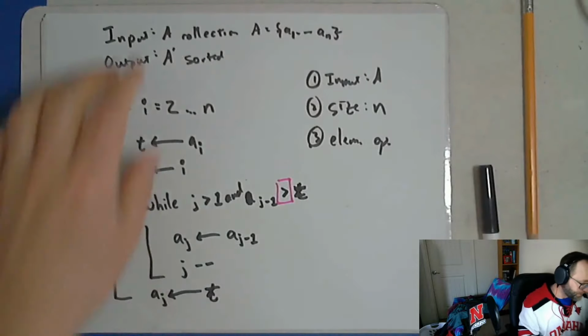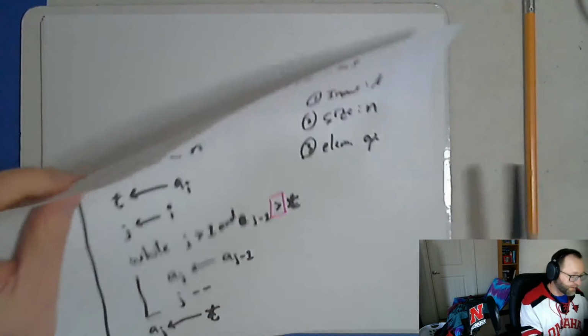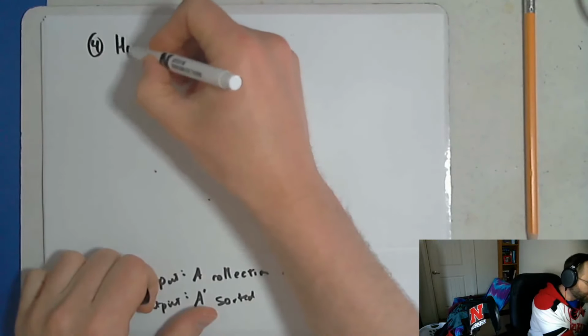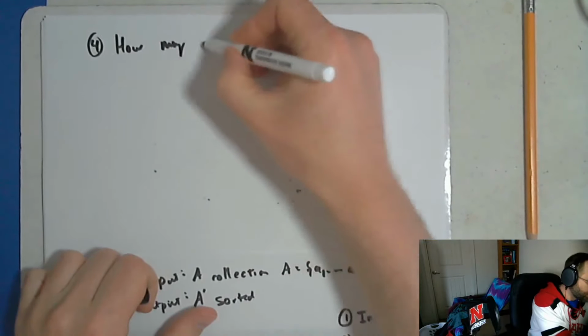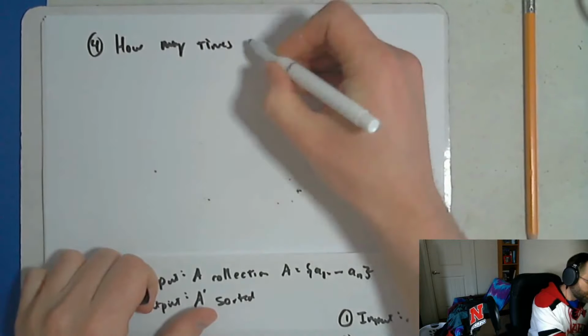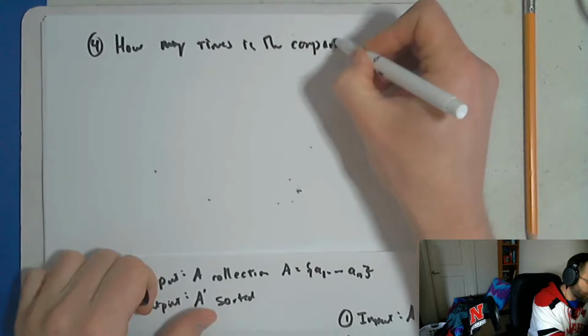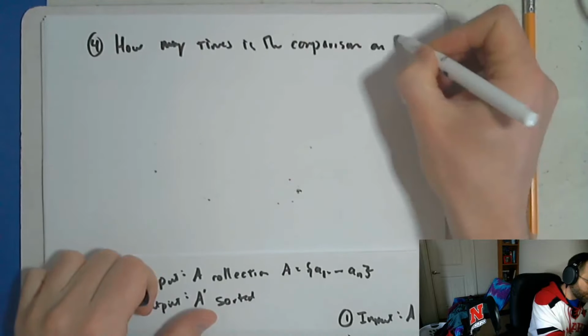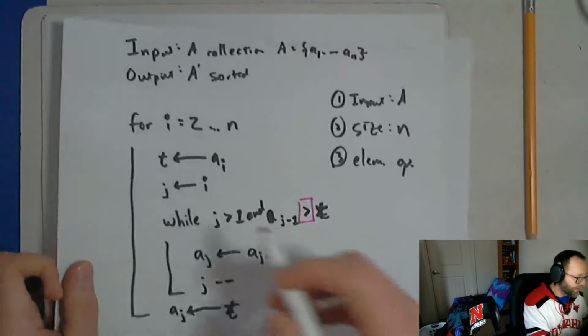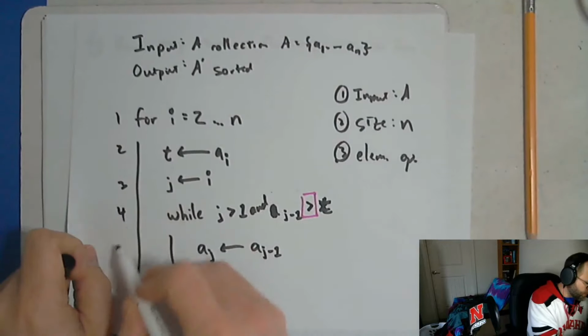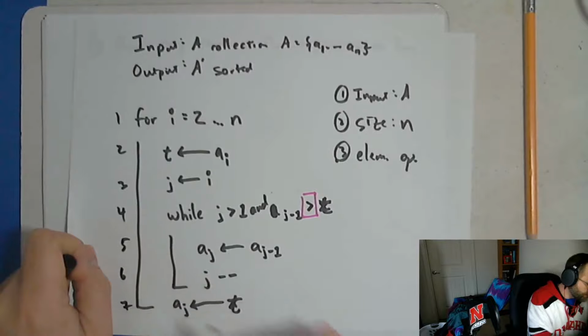Okay? So for step 4, how many times is the comparison on line, and I didn't number these lines, but 1, 2, 3, 4, 5, 6, and 7.